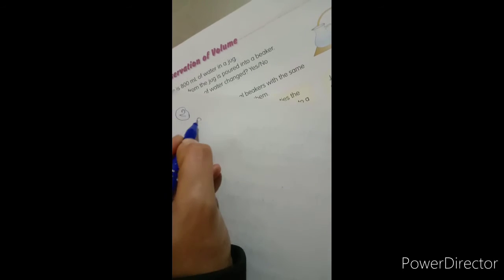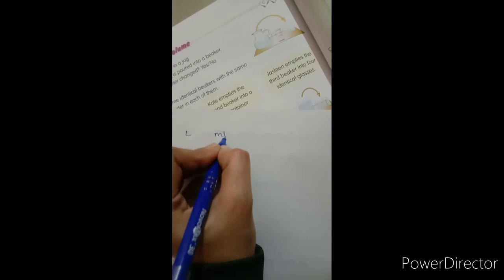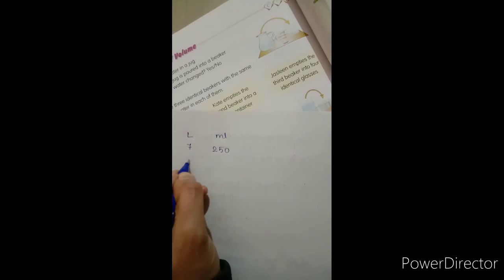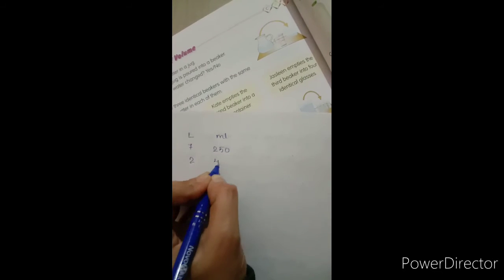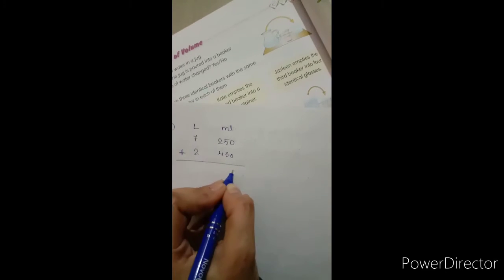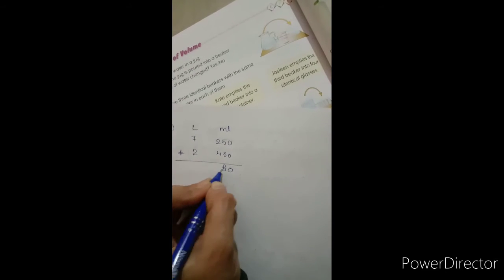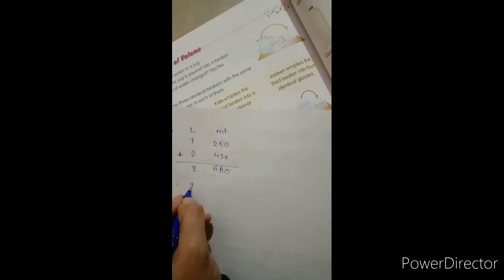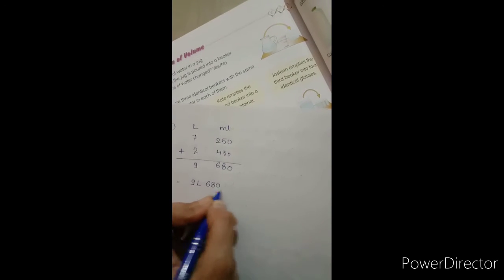So the first part of question 2 is we have to add 7 liter 250 milliliter and 2 liter 430 milliliter. So it is 0, 5 and 3, 8, 4 and 2, 6, 7 and 2, 9. So we got 9 liter 680 milliliters.